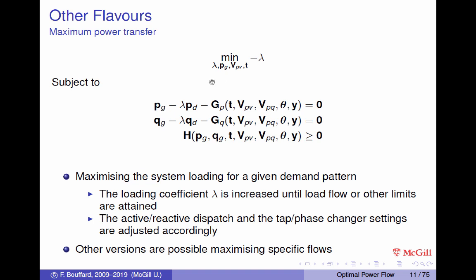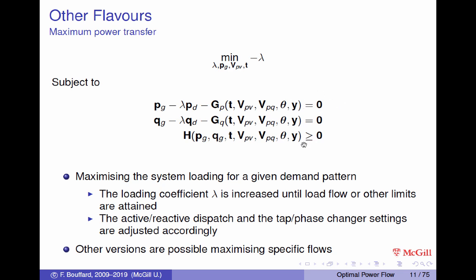Basically what we're doing here, you see that we are scaling up a vector of demands, both active and reactive. Again, you could decide to have different scalings, but what this is trying to do is to increase lambda as large as possible until it's no longer possible to meet all these constraints.